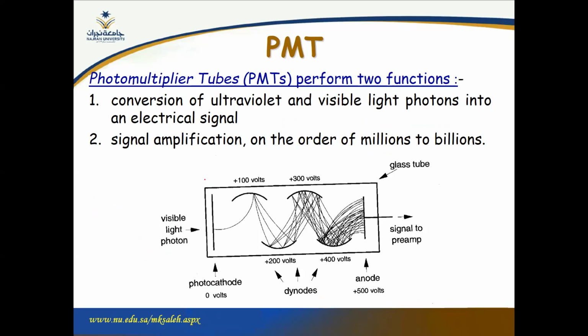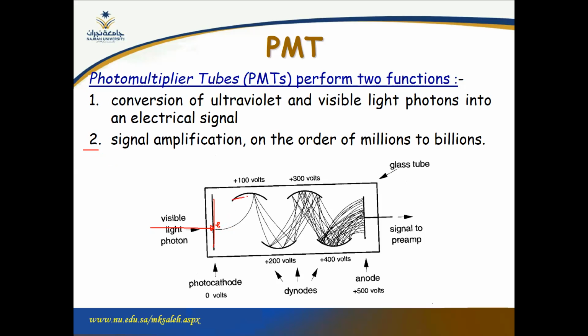Inside the photomultiplier tube, we have a photocathode, which receives the light coming from the crystal, and the photocathode converts this light to electrons. So it converts the visible light and ultraviolet coming from the crystal to an electrical signal, to electrons. The second function of the PMT is to multiply, increase, or amplify the number of electrons.